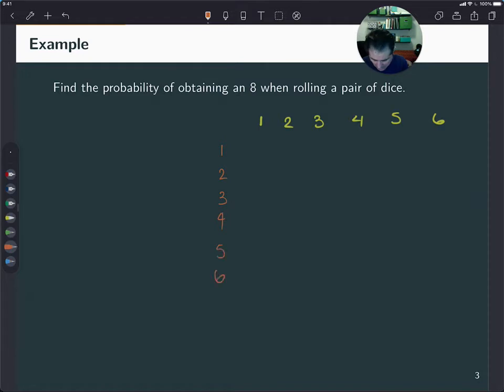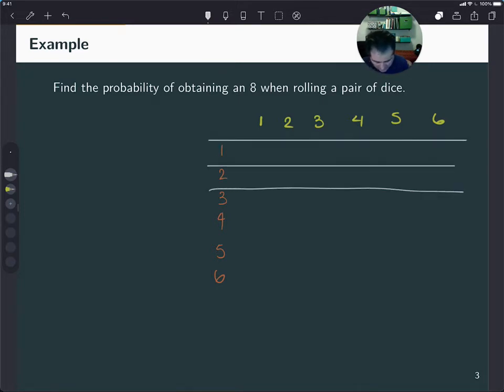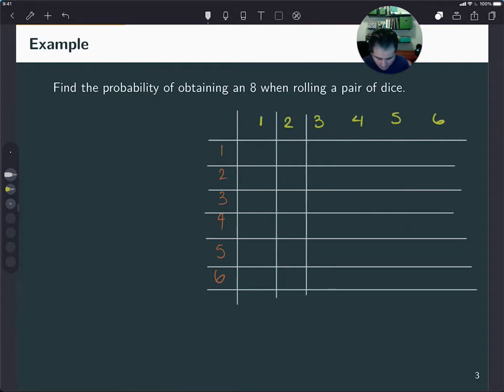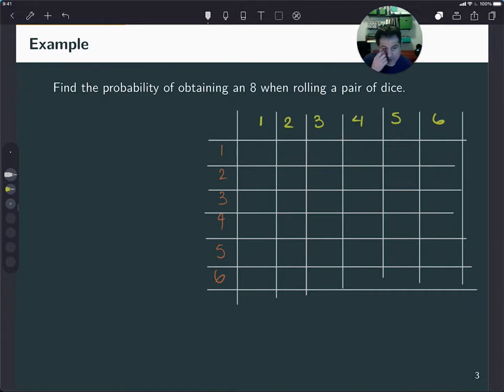I'm going to draw a grid here, and every little square in my grid represents one possible outcome of this experiment. My experiment is rolling a pair of dice, and the yellow die could have landed on any number between 1 and 6, and the orange die could have landed on any number between 1 and 6.